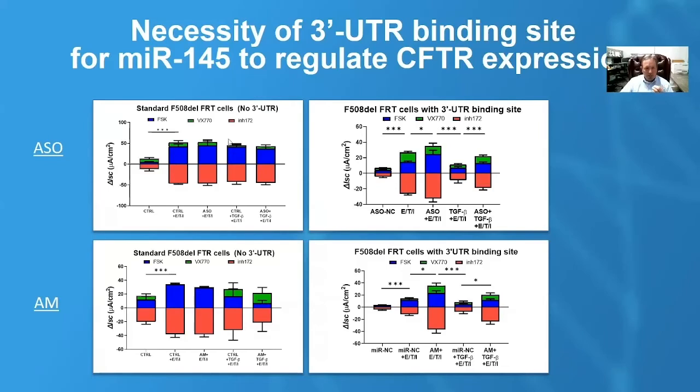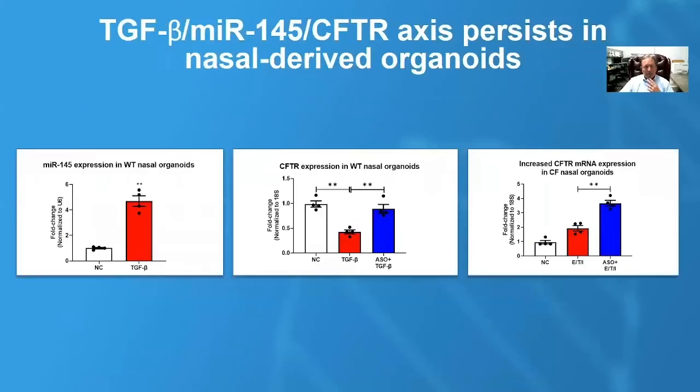So what these graphs show is that the 3' UTR is both necessary for miR-145 regulation of CFTR and sufficient, and that TGF-beta and miR-145 regulation of CFTR is at the 3' UTR binding site on CFTR messenger RNA.